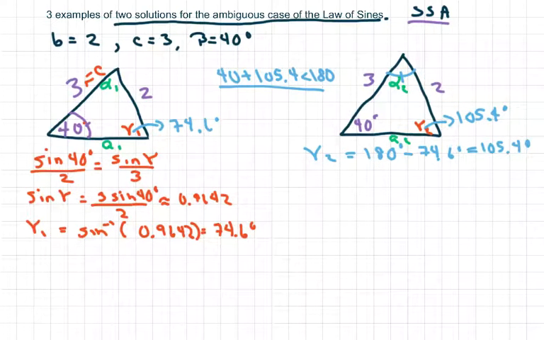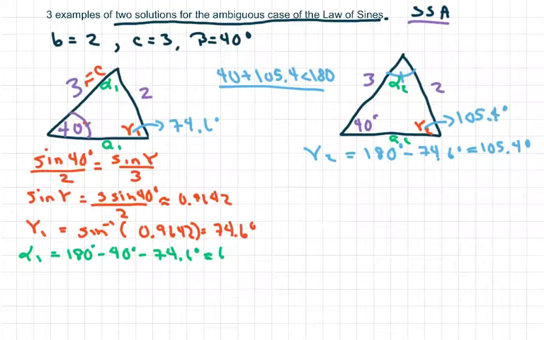Okay, so we're just going to get alpha 1. So alpha 1 equals 180, you just subtract your angles, minus 40 degrees, minus 74.6 degrees. And that gives you approximately 65.4 degrees.